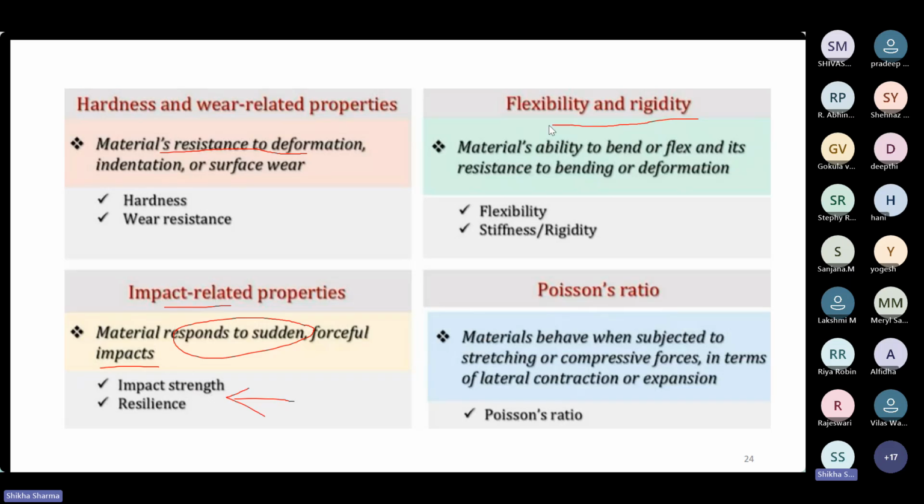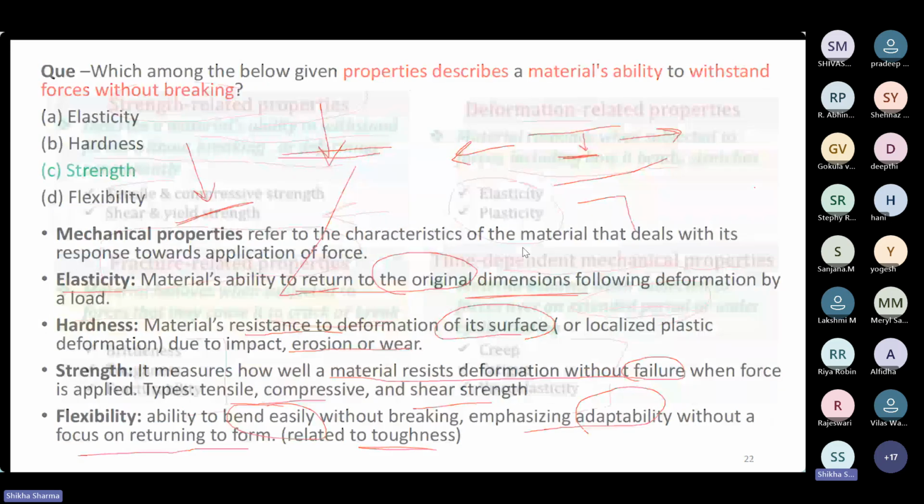Flexibility and rigidity are also there, which concern how much the material can bend and its resistance to bending or deformation. Then there is a term in mechanical properties, Poisson's ratio. It describes how the material behaves when subject to stretching or compression force, in terms of lateral contractions or expansions. So this is the overview of the mechanical properties.